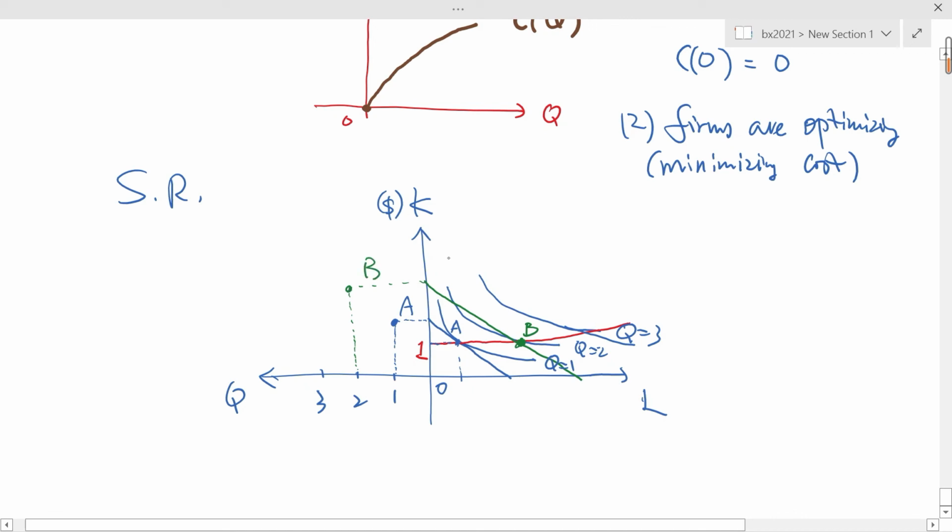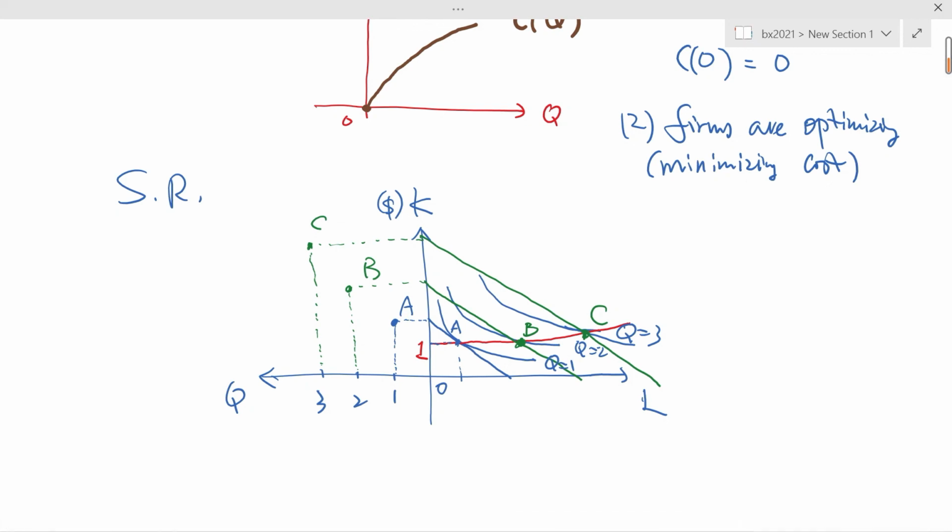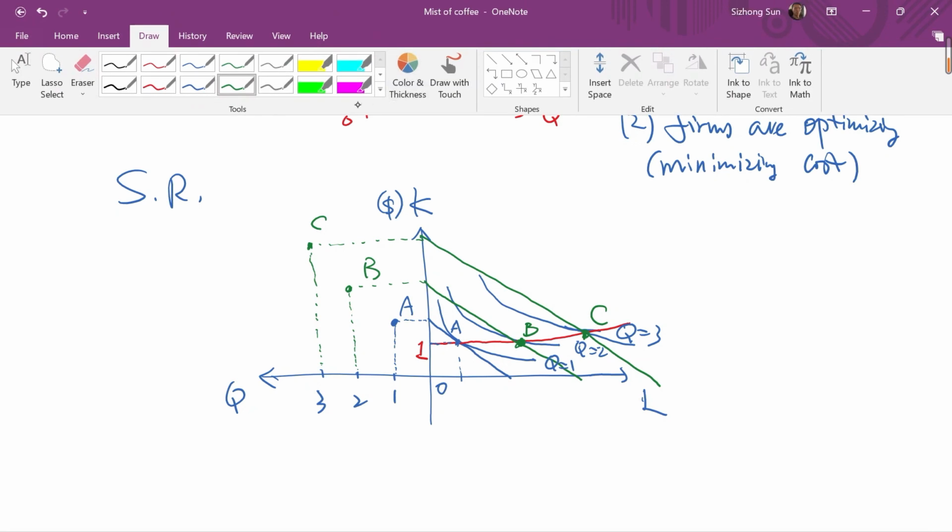Similarly, for 3 units, it's this point, point C. If I want to produce 3 units, the associated cost I need to pay is this much. Now, repeating this exercise many times, we get these points, and linking these points together, we get the short run cost function.